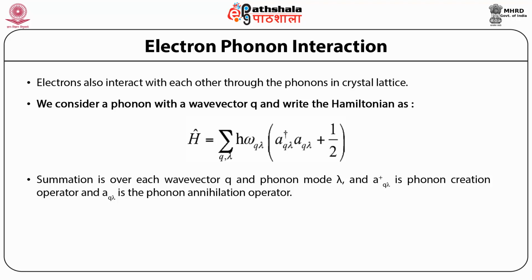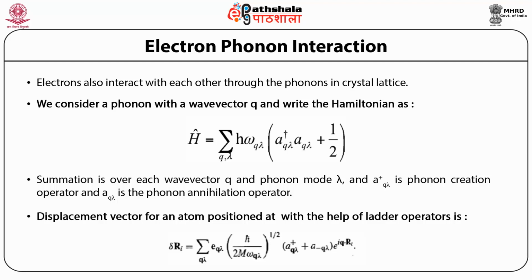So the displacement vector of an atom, with the help of ladder operators, is delta Ri equal to summation over q lambda of epsilon q lambda into square root of h cross divided by 2m omega q lambda multiplied by a dagger q lambda plus a minus q lambda in brackets, into e raised to power minus i q dot Ri.